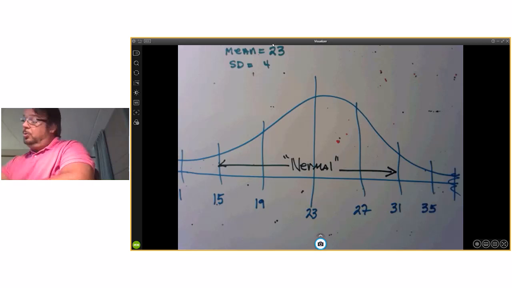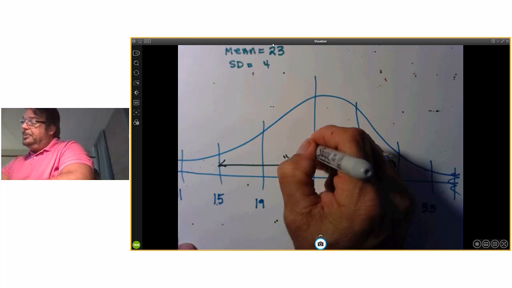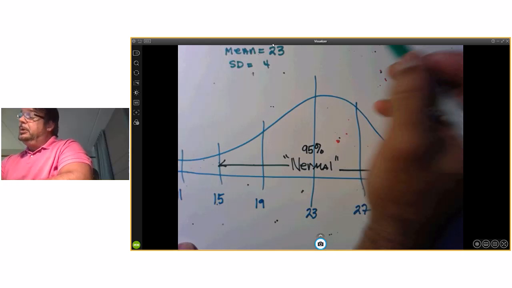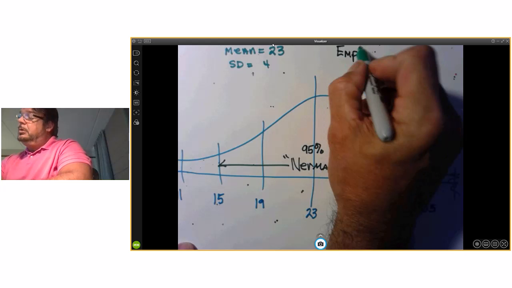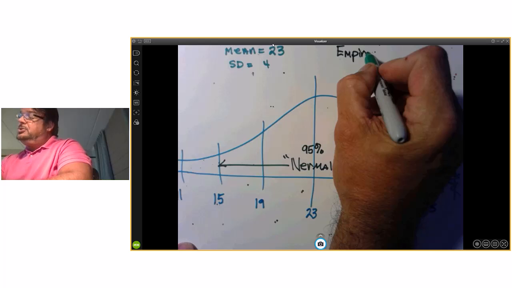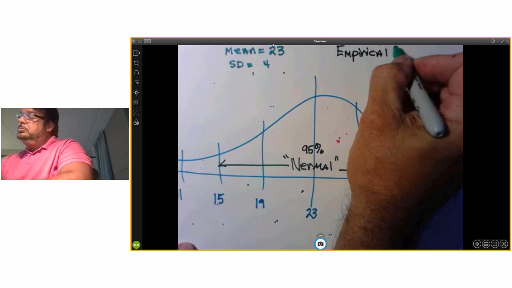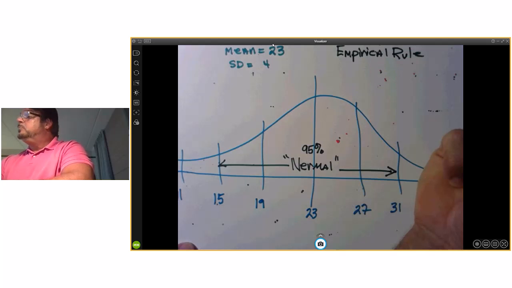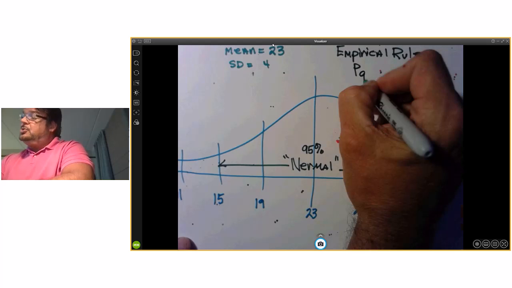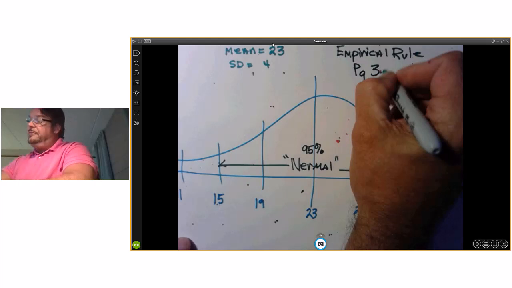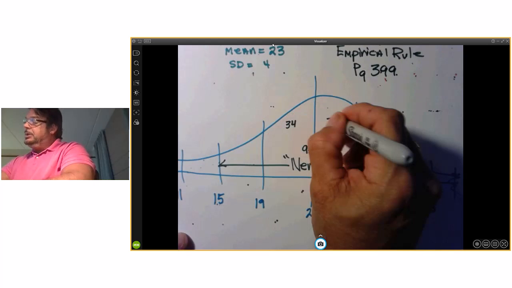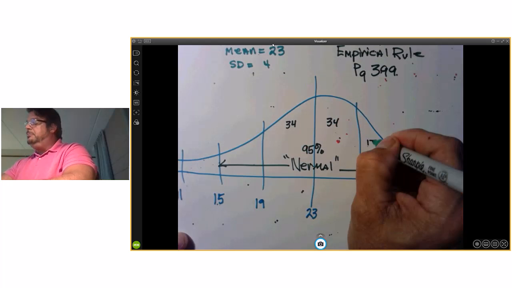And that holds about 95% of the population. Now, remember our empirical rule. What page did y'all say that was on? Look in your notes and tell me. 399. Page 399. And make sure you understand that you got 34% here, 34% here, 13.5 here, or is it 11.5?